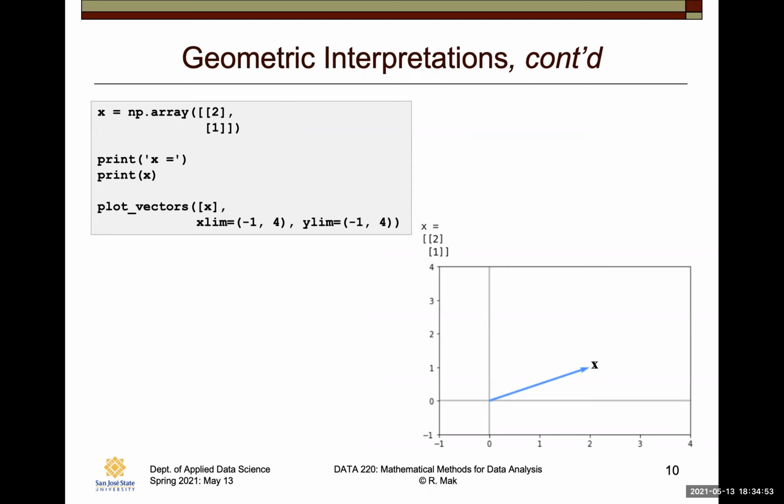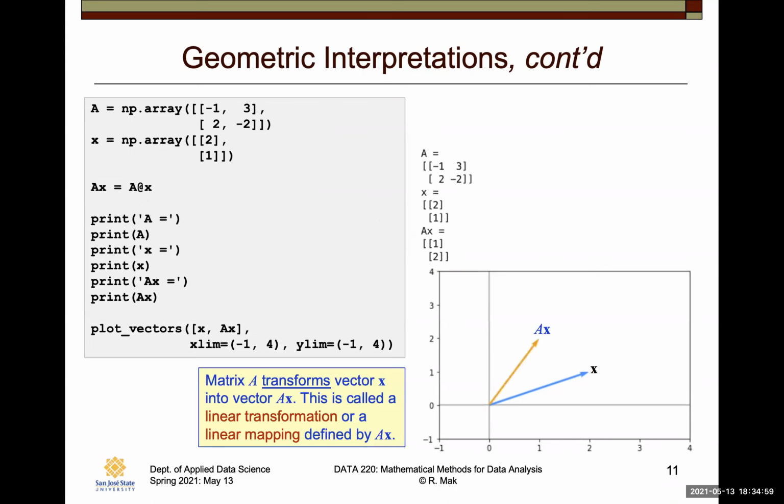Those of you who took linear algebra know that if you multiply a vector by a matrix, that's known as a linear transformation.